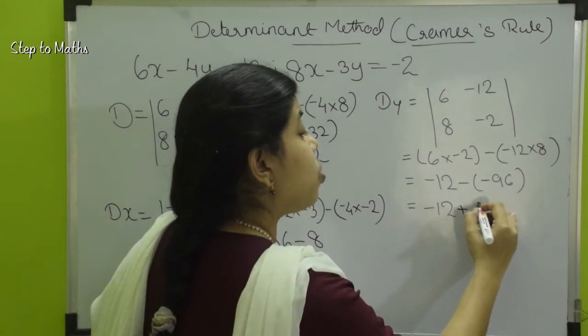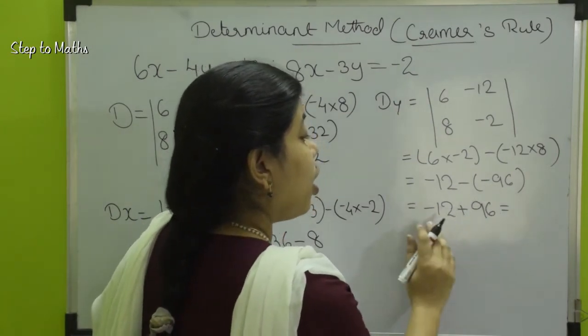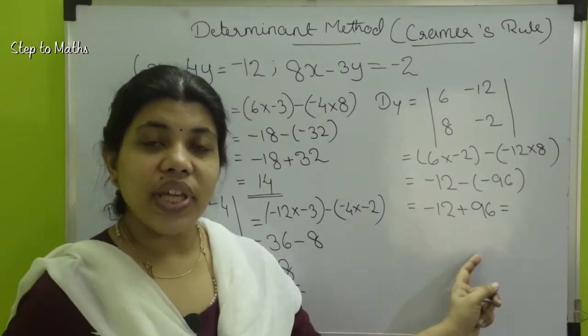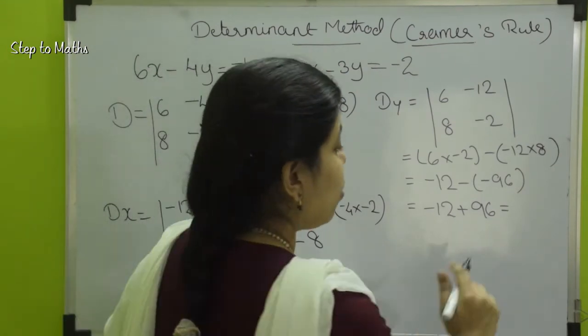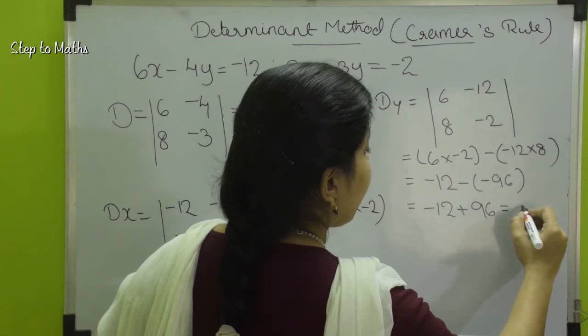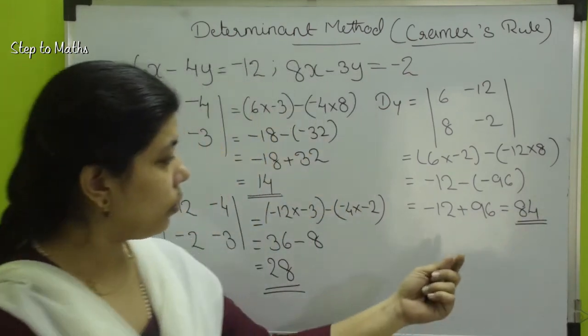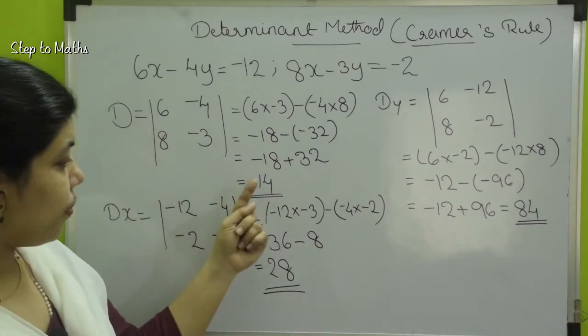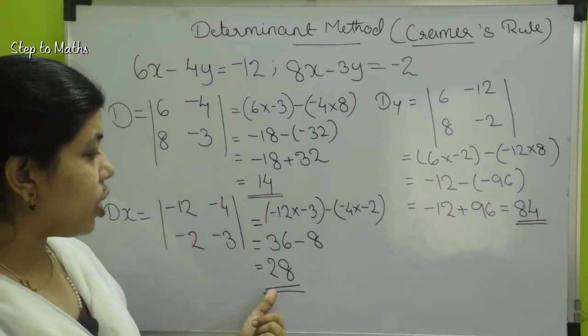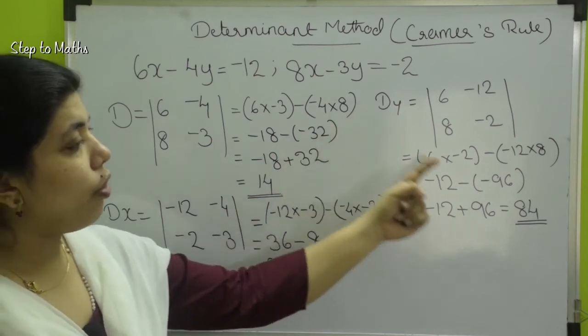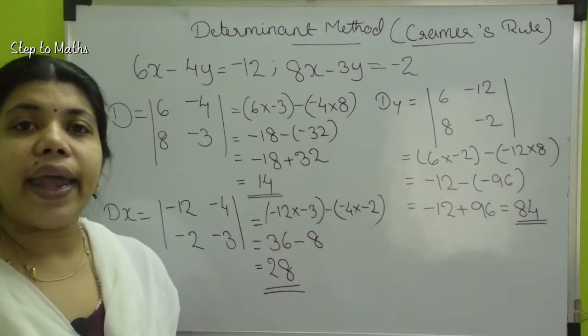It becomes plus 96. -12 plus 96 is equal to 84. So the value of d is 14, the value of dx is 28 and the value of dy is equal to 84.